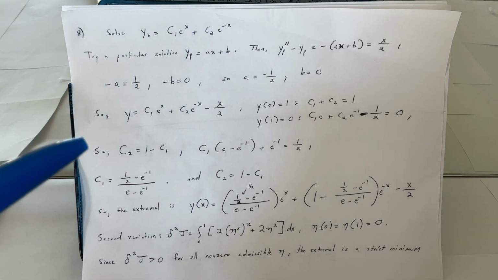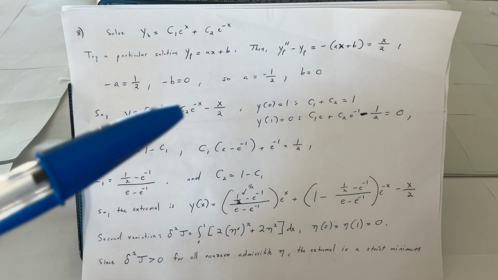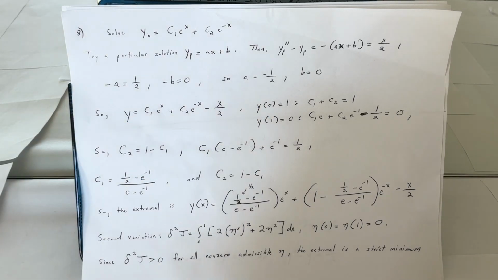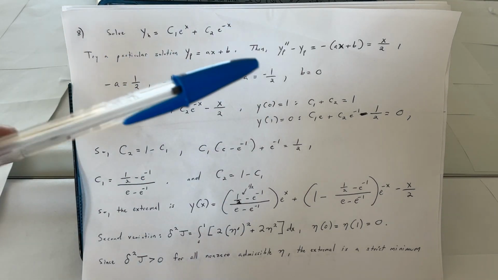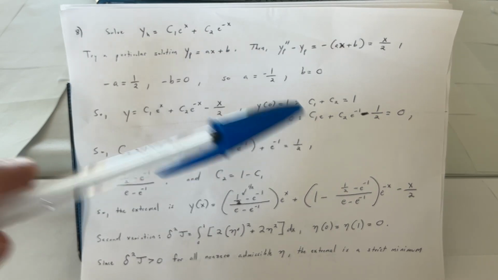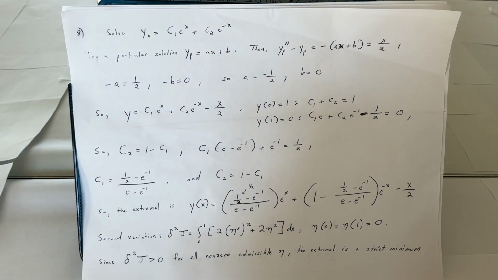So from there, y equals c sub 1 e to the x plus c sub 2 e to the negative x minus x over 2. y of 0 is 1, so c1 plus c2 is 1. y of 1 is 0, so c sub 1 e plus c sub 2 e to the negative 1 minus 1/2 equals 0.